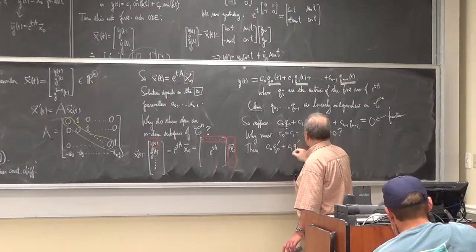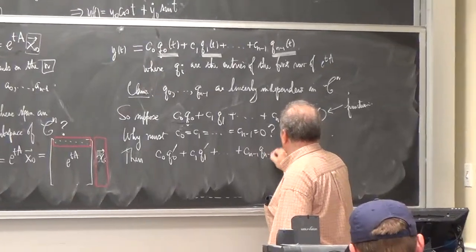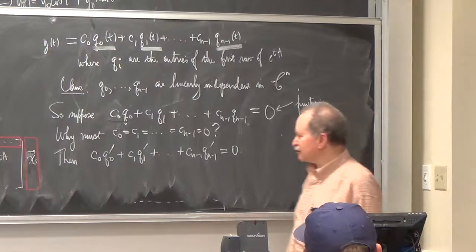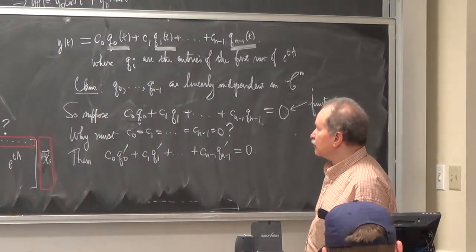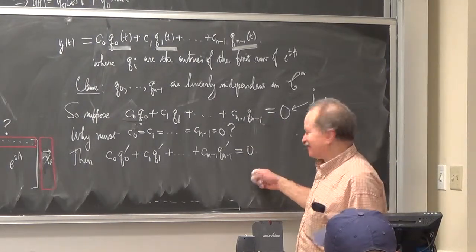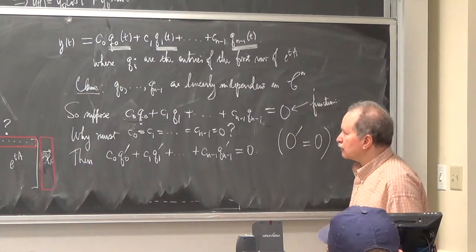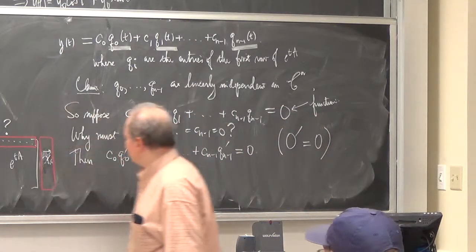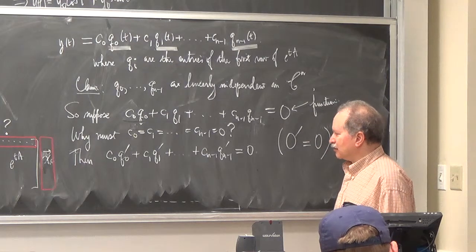All the derivatives have the same relation. Because the derivative of the 0 function is the 0 function. So then we get from C naught, that'd be Q1 second.